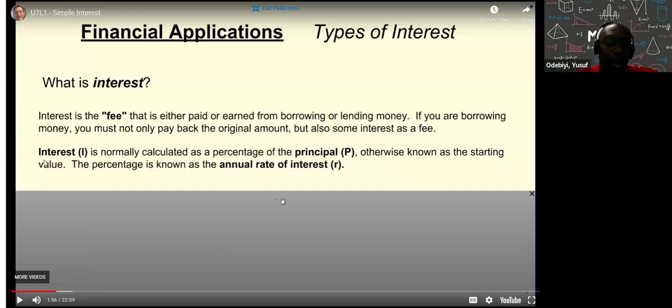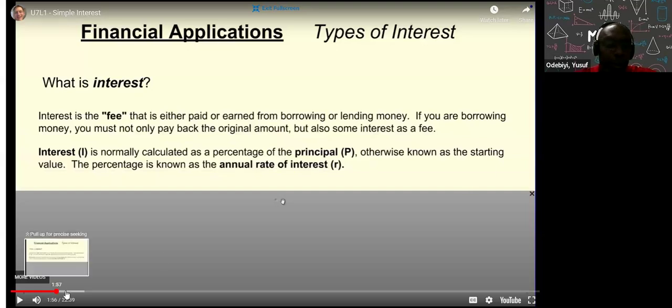Interest, represented by the symbol I, is normally calculated as a percentage of the principal, which is represented by P. The principal is also known as the starting value. And the percentage is known as the annual rate of interest, represented by little r.